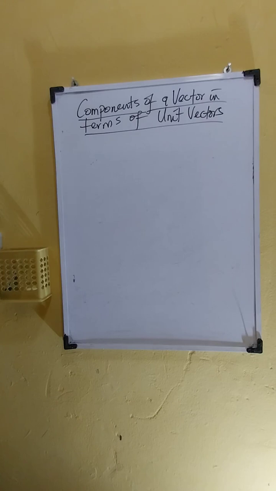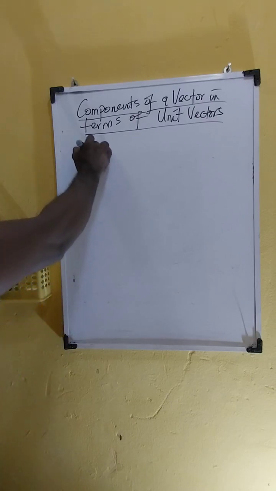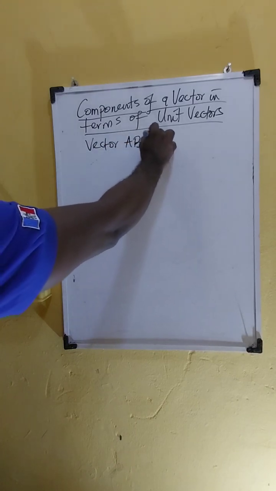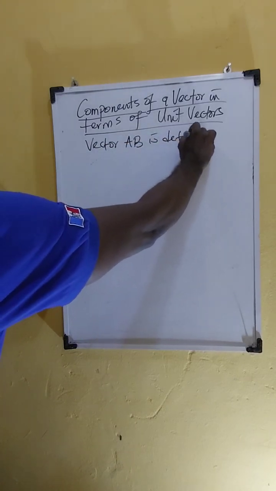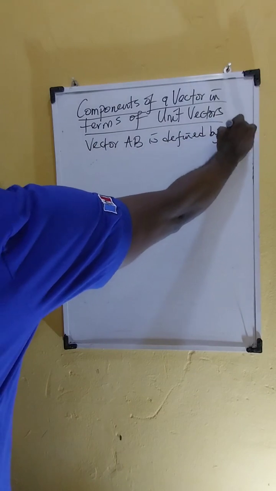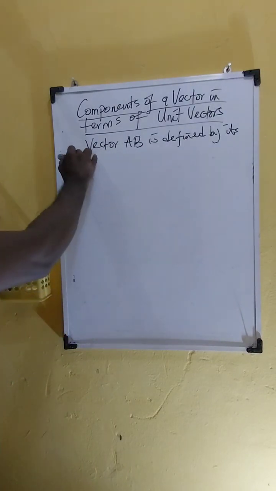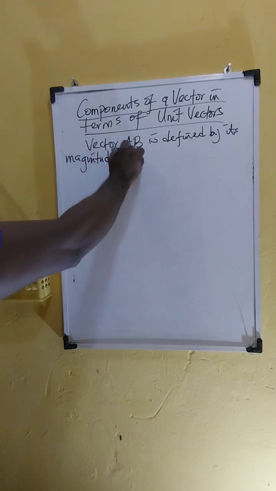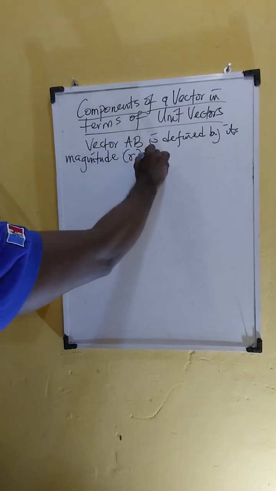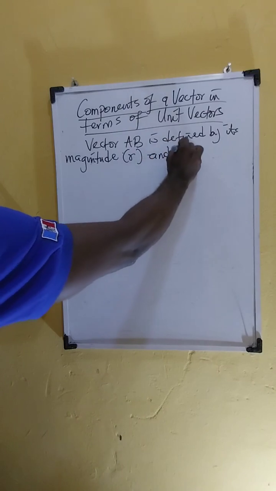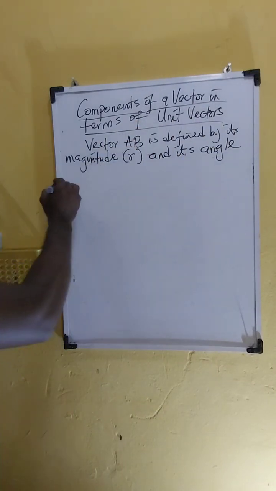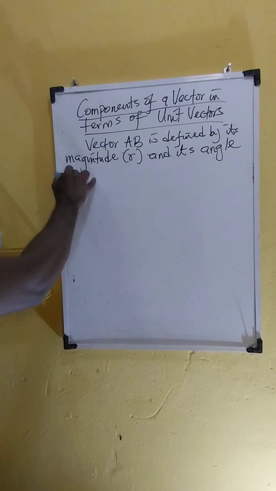We say vector AB is defined by its magnitude, arrow, and its angle, theta.